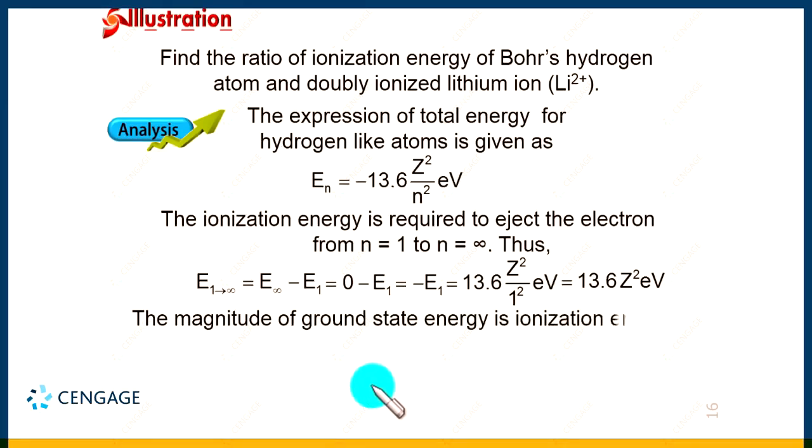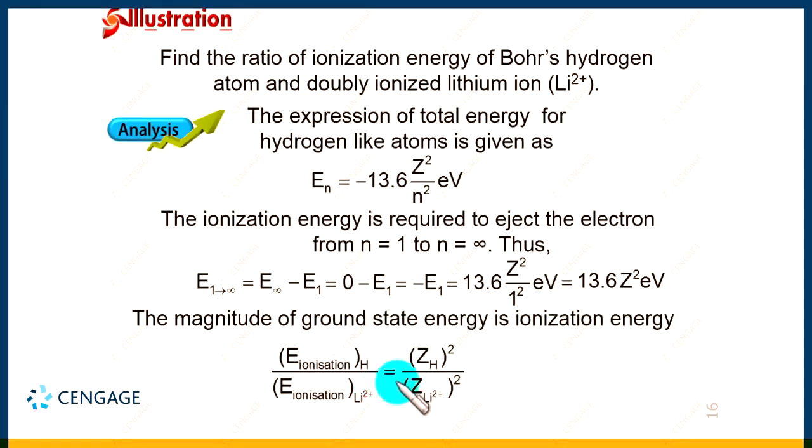We know Z equal to 1 for the hydrogen and for the lithium this value is 3. So, this is 1 divided by 3 square and this is 1 divided by 9. So, this is the required ratio.